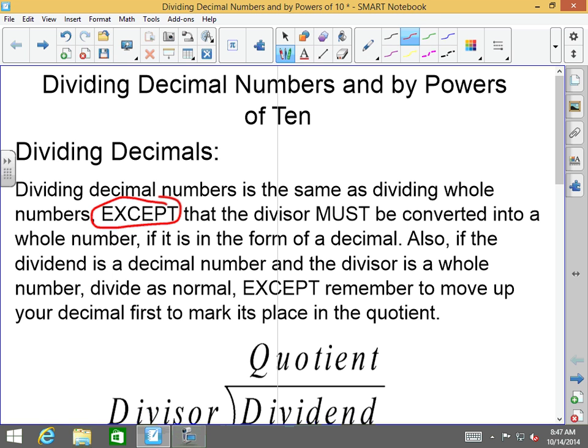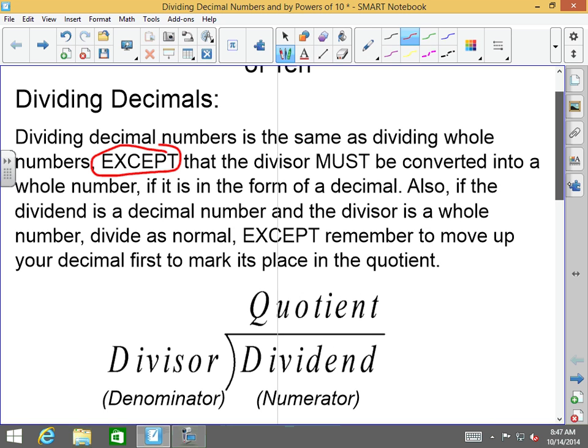If you look down here, you have the positions of the divisor, the dividend, and the quotient. If the divisor, which is the denominator if it's in fraction form, is in decimal form, you must convert it to a whole number.